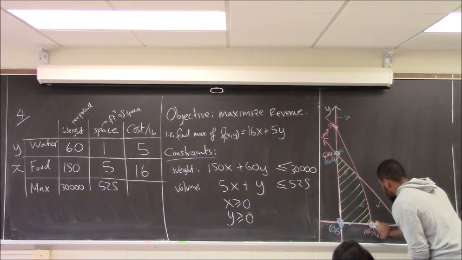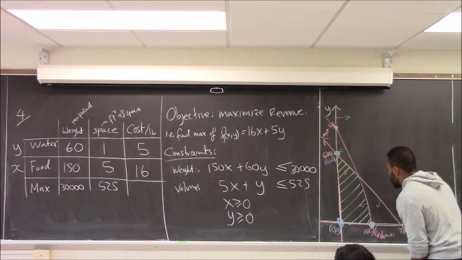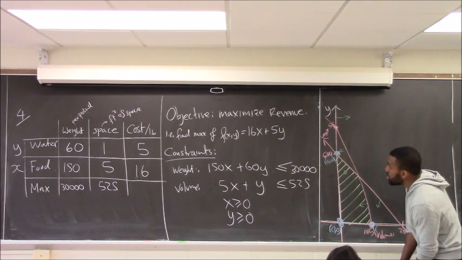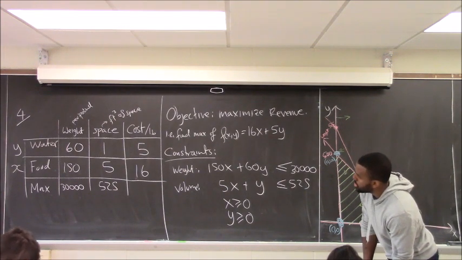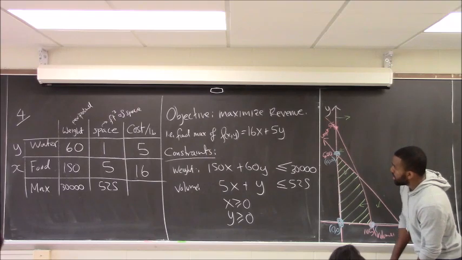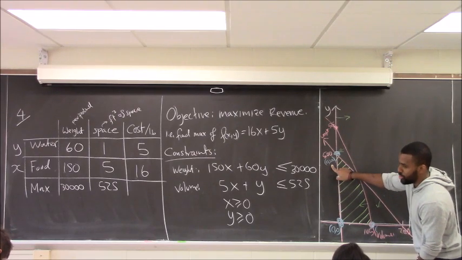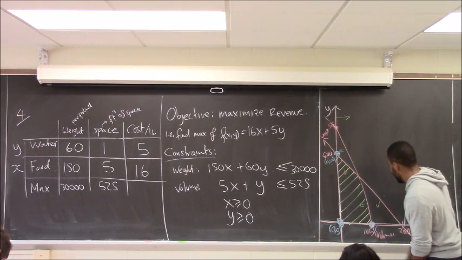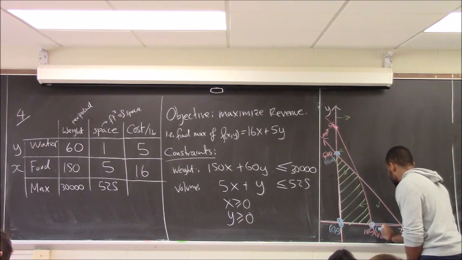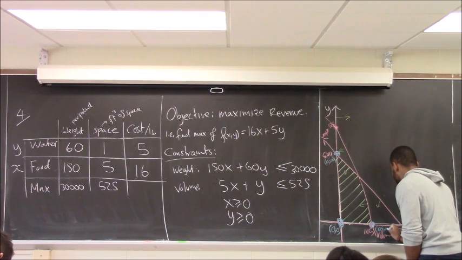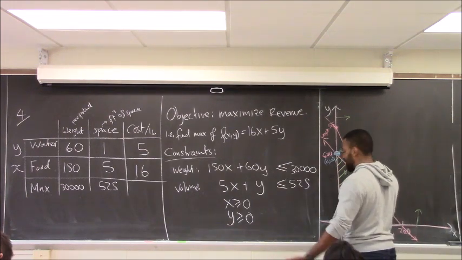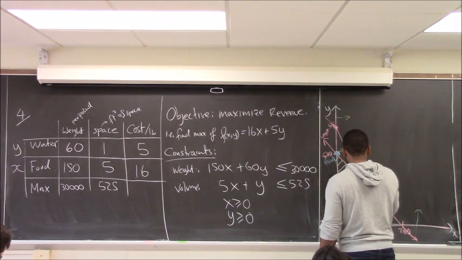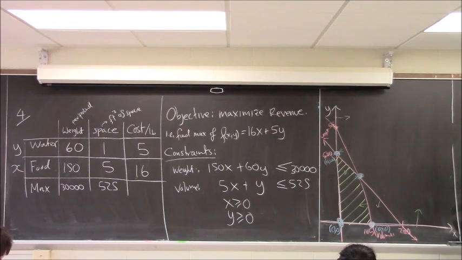The y was the water, so we can say don't give them any food, give them 500 units of water. Or give them 105 pounds of food but no water. You're on an island, they probably can get water anyway. There's tons of water. That point you need to work out.